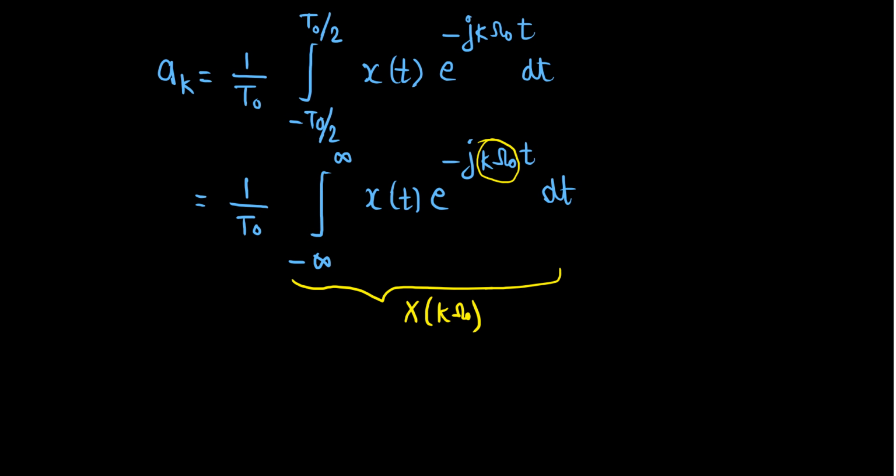So I've indicated that as capital X of k omega naught. So this ak is going to be equal to capital X of k omega naught by t naught. This is the short form notation that we'll be using.